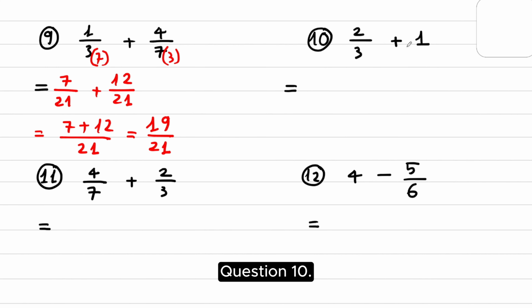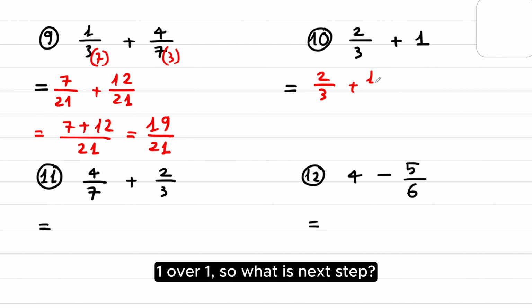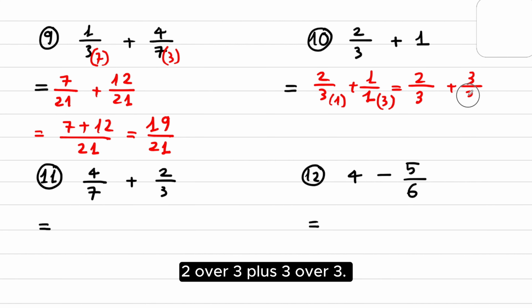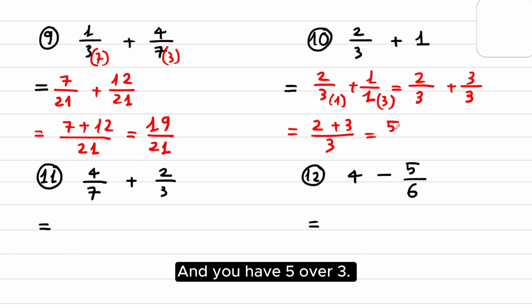Question 10, plus 1. Okay, change it to the fraction 1 over 1. So what is the next step? 1 here, 3 here, 2 over 3 plus 3 over 3, and then you got 2 plus 3 over 3, and you have 5 over 3. Yes.